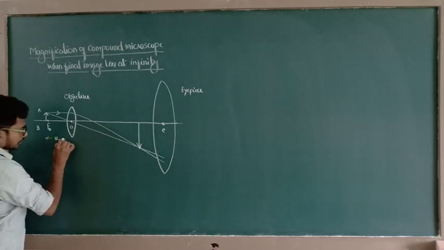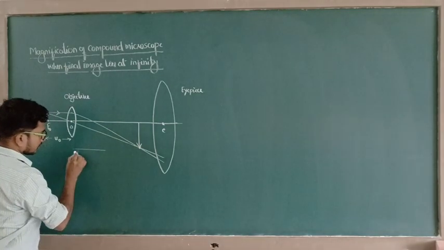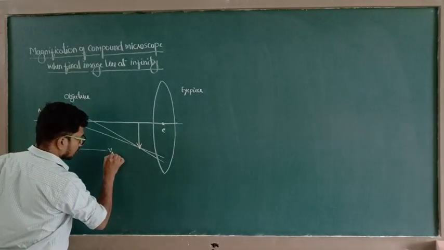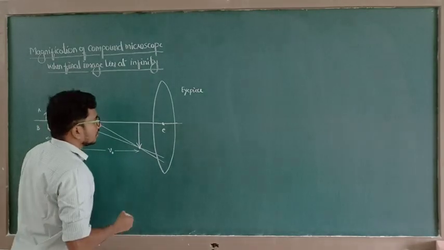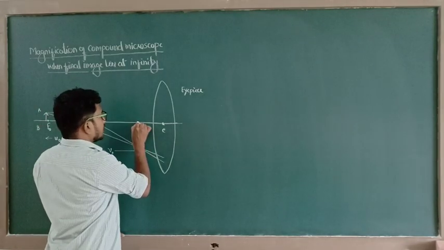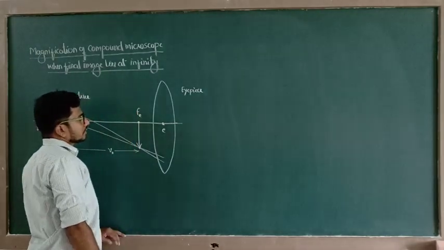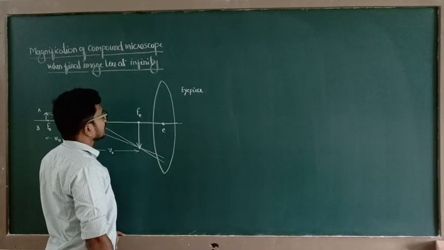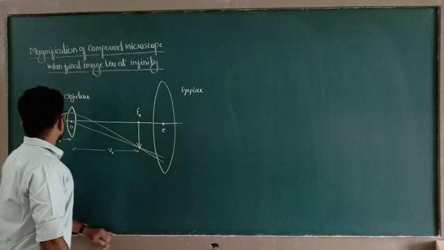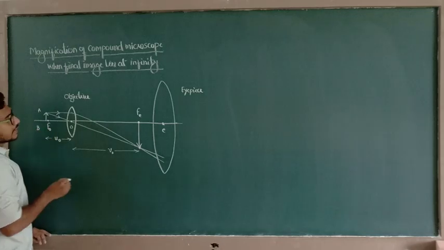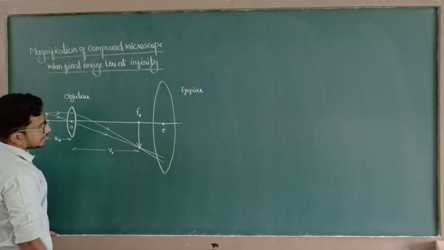Object distance with respect to the objective, image distance with respect to the objective. Let us say this point is the principal focus of the eyepiece. Direction of incident light ray, direction of refracted light ray, direction of another refracted light ray.